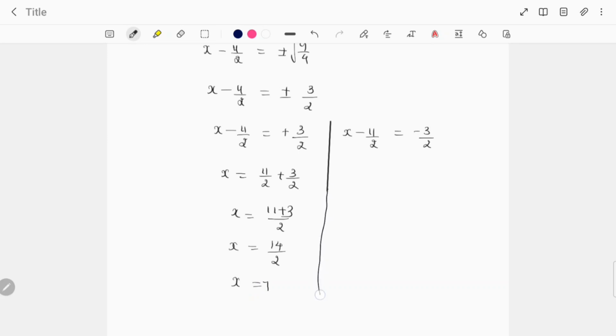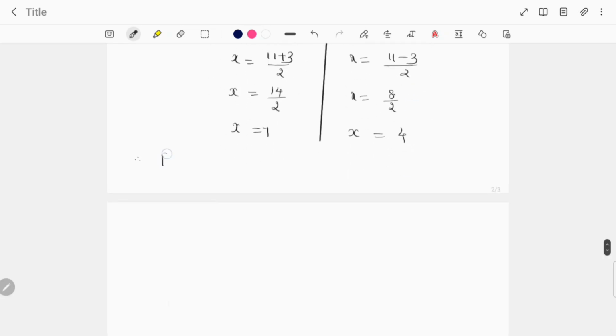Now another case, x equals 11 by 2 minus 3 by 2, the denominator is same, 11 minus 3 by 2, so x equals 8 by 2, so x equals 4. Therefore the roots of x² − 11x + 28 = 0 are 7 and 4.